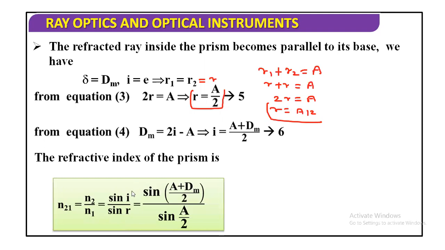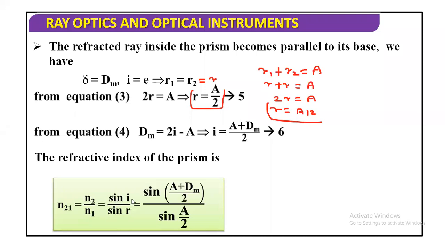Now we know how to find the refractive index of the prism. Refractive index is equal to sine I upon sine R. Already we know sine I is sine of (A plus dm) by 2, and sine R is sine of A by 2. So from this formula we can find the refractive index of the prism, that is N21, which is equal to N2 upon N1.